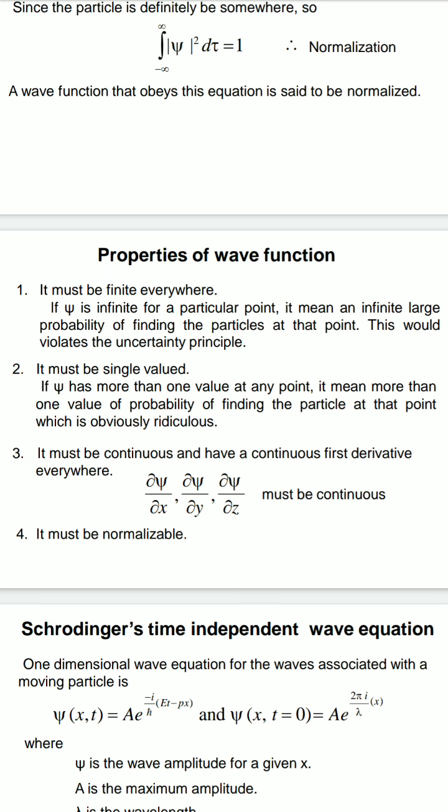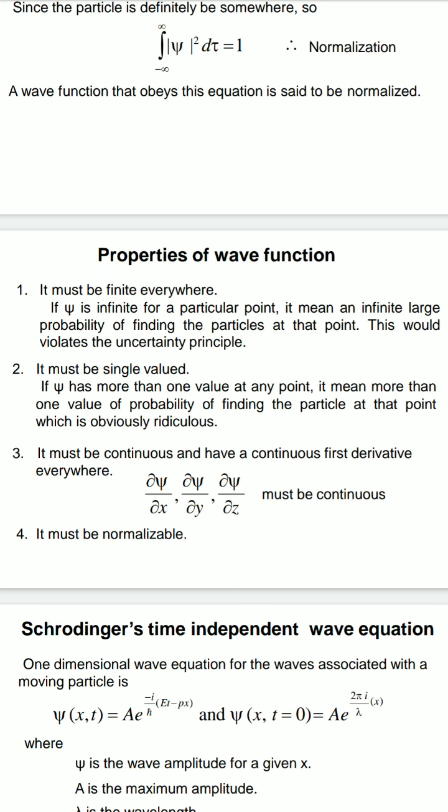So this would violate the uncertainty principle. What is the uncertainty principle? You cannot determine two properties completely and simultaneously. The probability becoming infinity is not correct with the uncertainty principle.